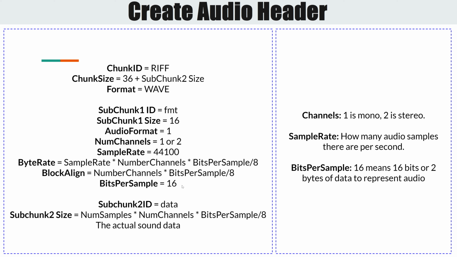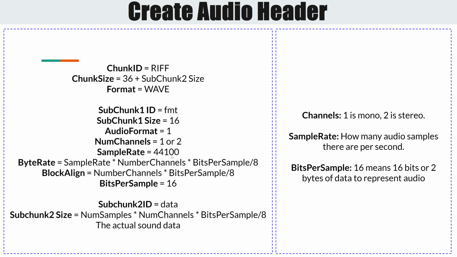Now, the one hard thing about what we have to do here, it's really the chunk sizes. It's hard to tell what the size of something would be until we've written it, right? So subchunk 2 size is supposed to tell us how much data there actually is. Well, we take the number of samples, the number of channels. Well, we don't exactly know how many samples there are yet, because that's our data down here. We know what our sample rate should be.